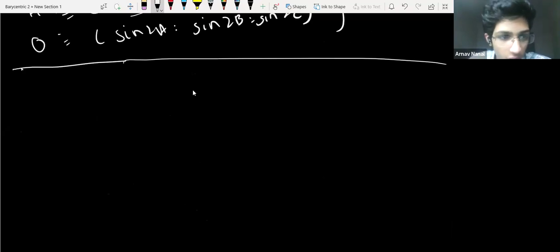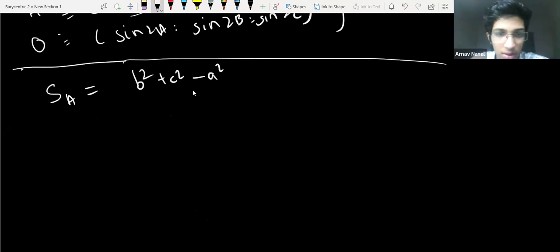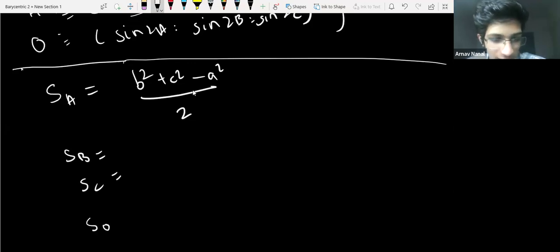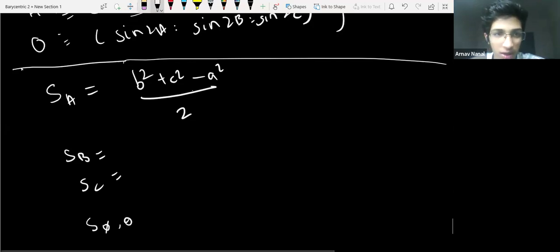By Conway notation, you define SA to be b square plus c square minus a square, over 2. I think it's by 2. And SB and SC similarly. He defines some other thing, S theta or something. I don't really recall what that is because I have never used that. If we encounter it, we'll check it.